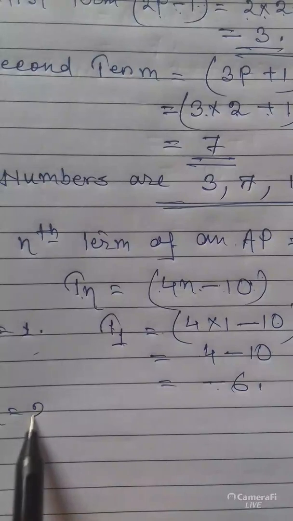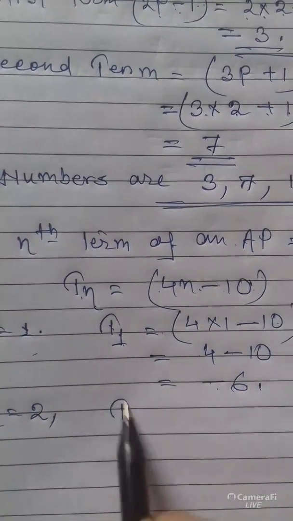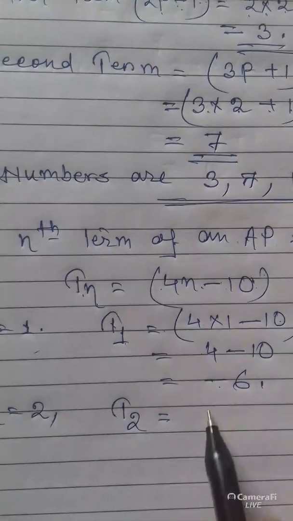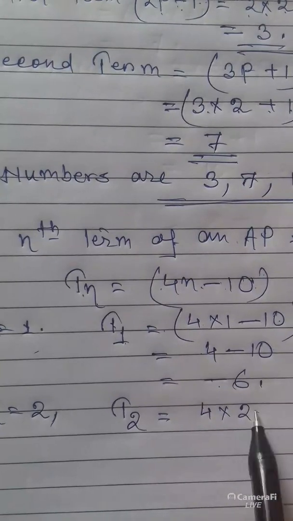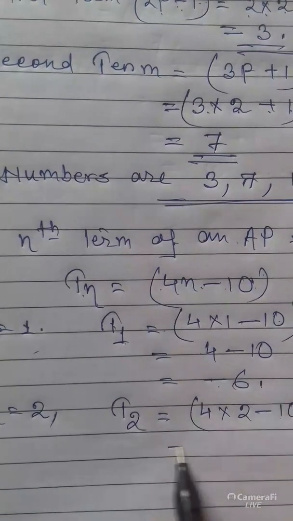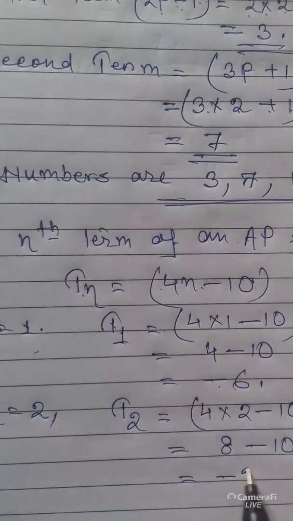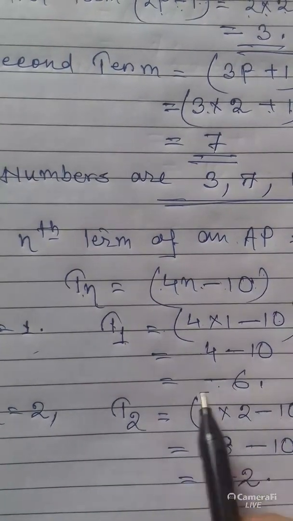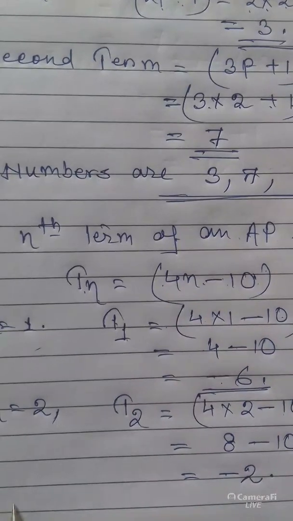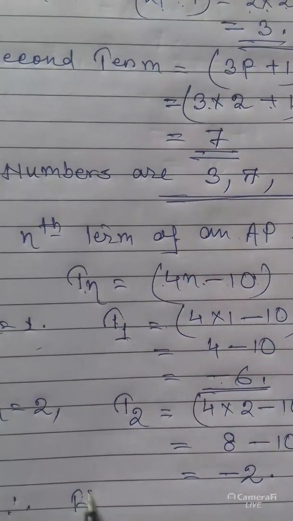When we take n equal to 2, meaning the second term, then T2 equal to 4 into 2 minus 10, which is 8 minus 10 equal to minus 2. So the first term is minus 6.